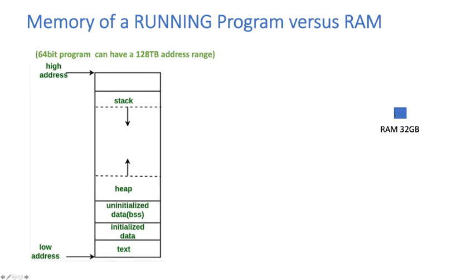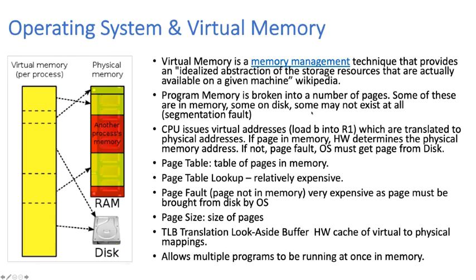The problem is that this address range doesn't all fit in RAM. For example, we've got 32 gigabytes of RAM, and you've got a 128 terabyte address range. The program is not going to squeeze into our little itty bitty RAM. So what the operating system does is it breaks the program into pages and brings pages in and out from disk as it needs them.